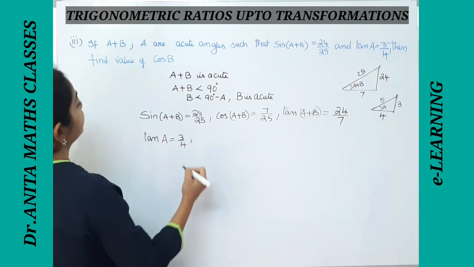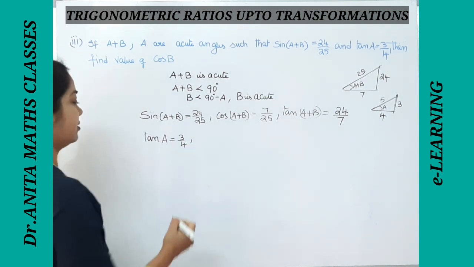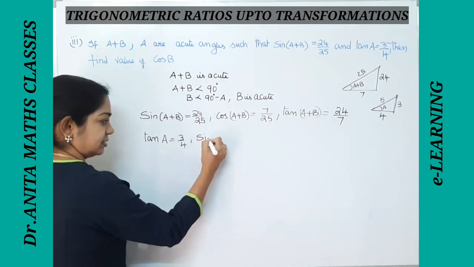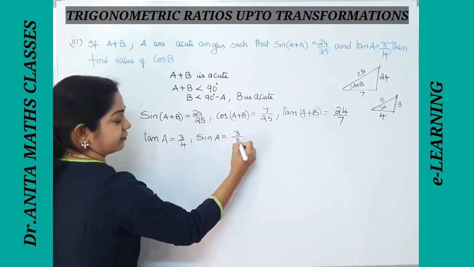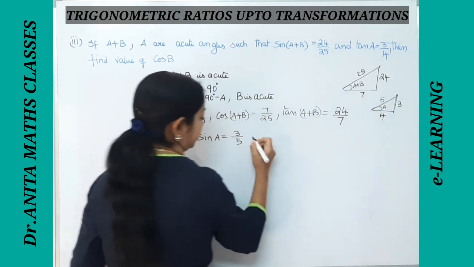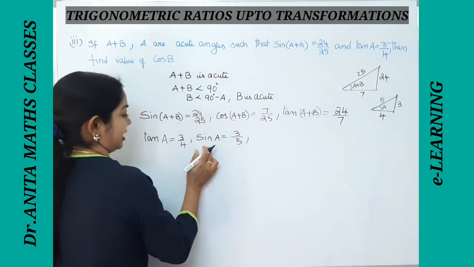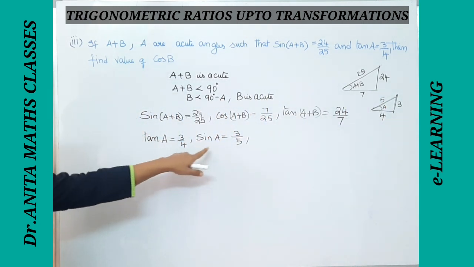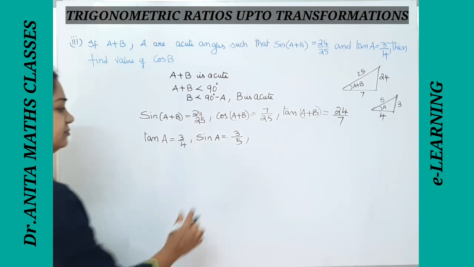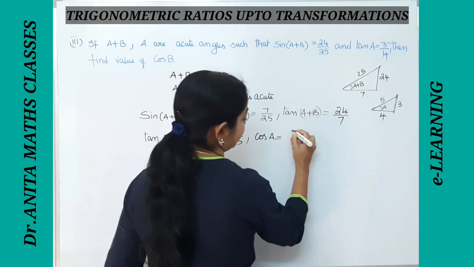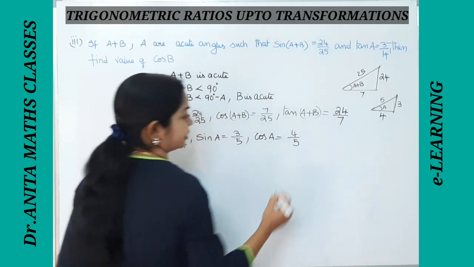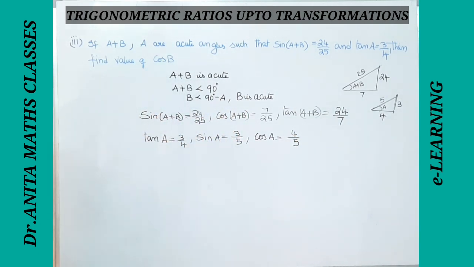Now we want to find the cos B value, so I'll find sin A first. The sin A value we can find as 3 by 5, opposite by hypotenuse. From sin and tan, we can also find cos A. Cos A is 4 by 5. So all the values we got.